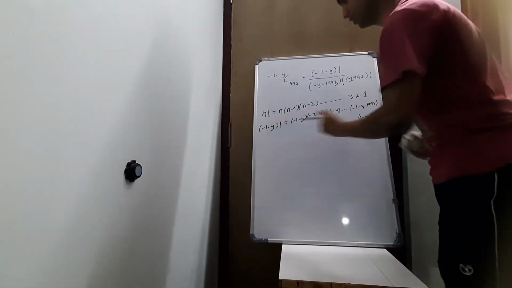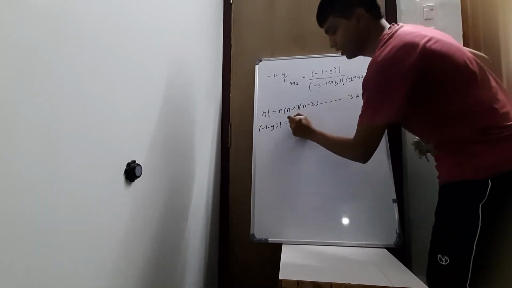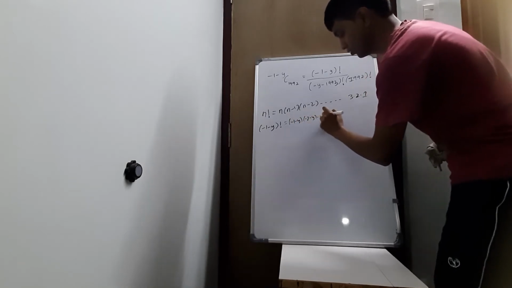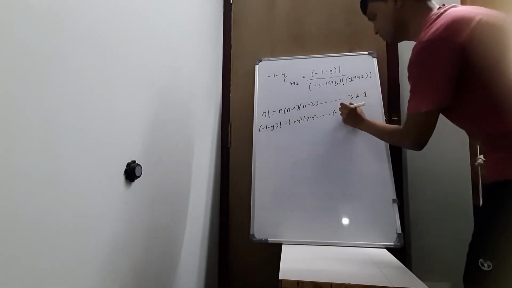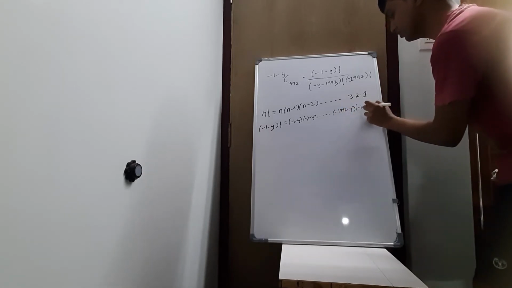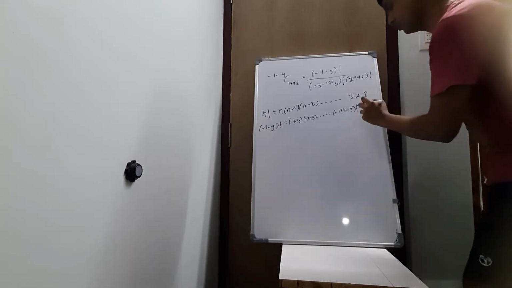Now we can see that it's simply (-1 minus y)(-2 minus y), so on, (-1992 minus y) times (-1993 minus y) factorial, right?